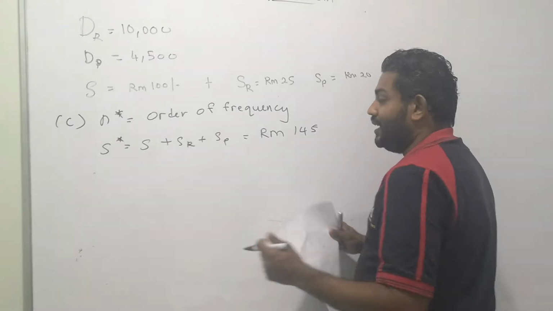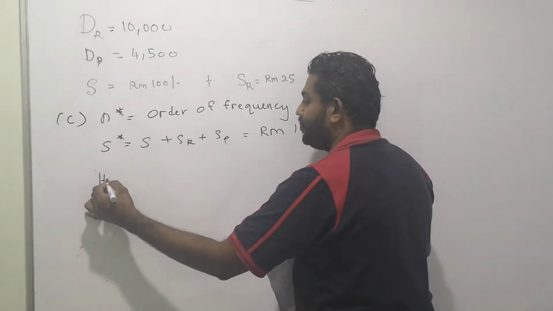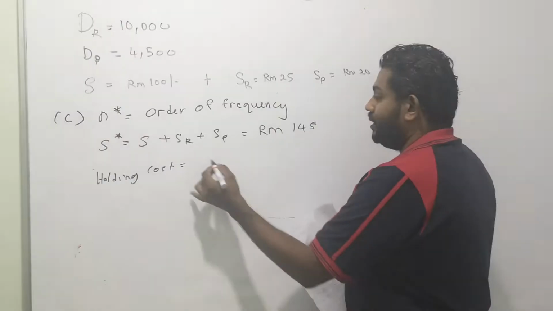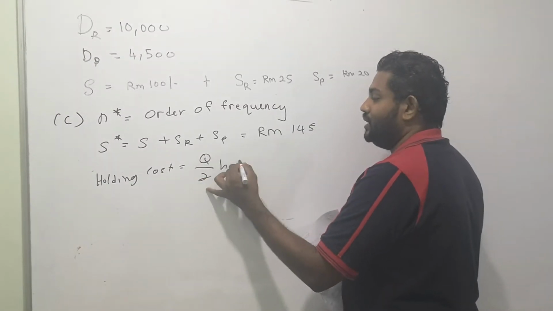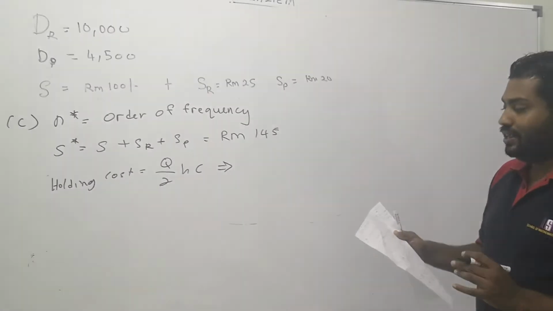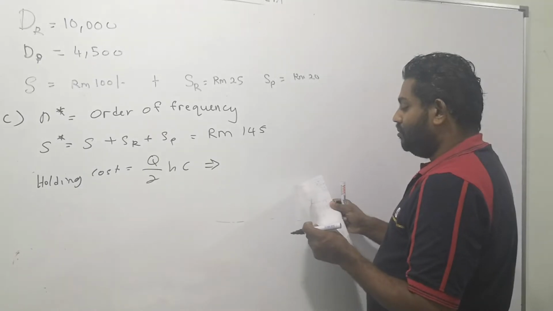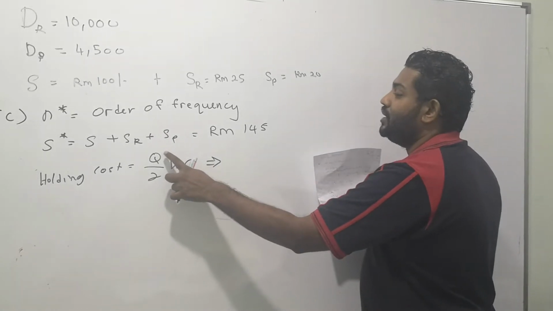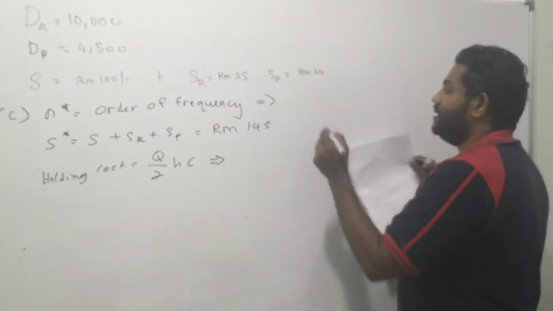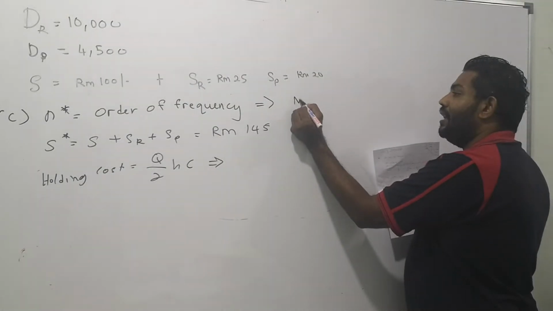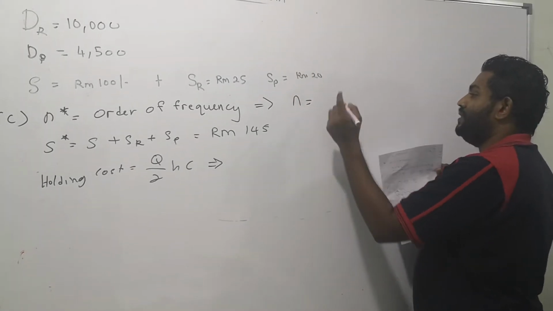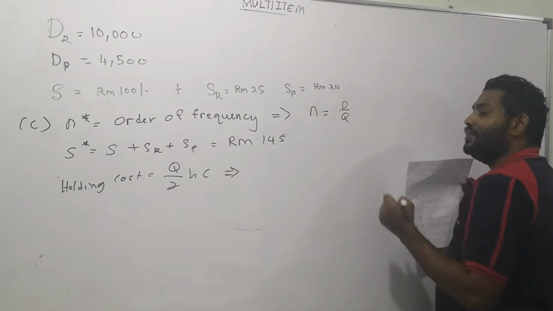Next, we also know that we have our holding cost, which is Q over 2 times H times C. Correct? But here, since this is a joint order, we're going to substitute the Q. You know that N, the total number of orders or order frequency, equals D over Q, if you still remember.